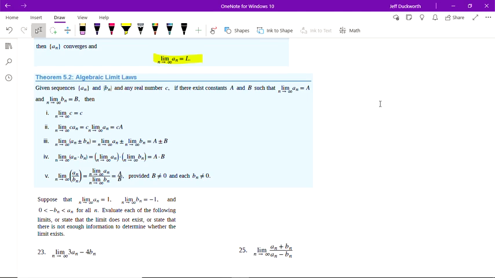Okay, so we'll go over these briefly. Number 1, that c is a constant. So for any constant c, the limit of that constant c, you just get that same number again, any real number.